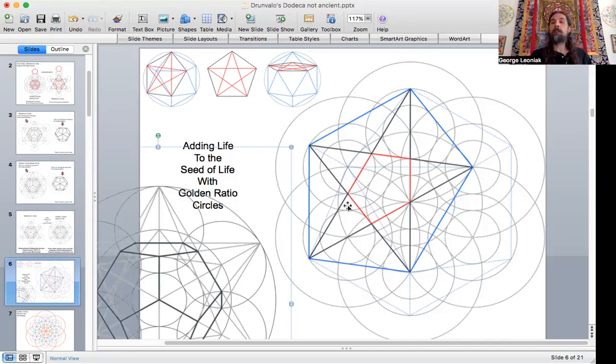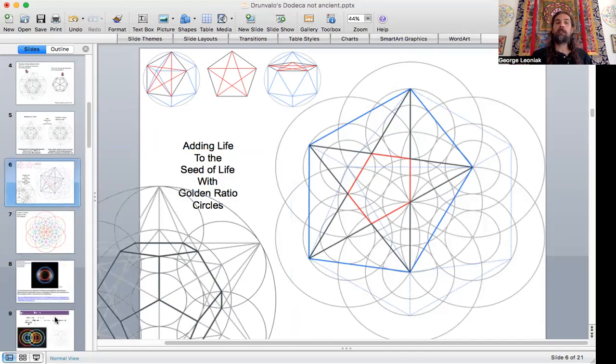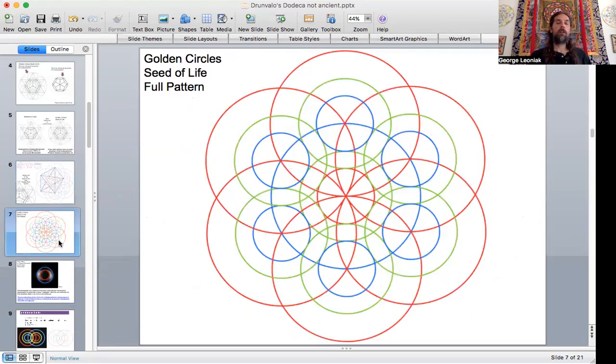Now I can do that pentagonal face of the dodecahedron without having to do the icosahedron at all. So there's a little bit more versatility there, rather than always having to start off with the icosahedron to draw the dodeca first. So here's just the full pattern of what I call the golden circle seed of life pattern. It has 21 circles.